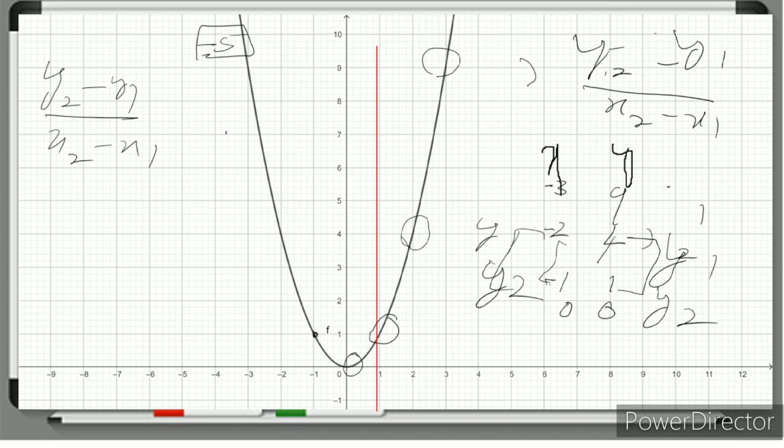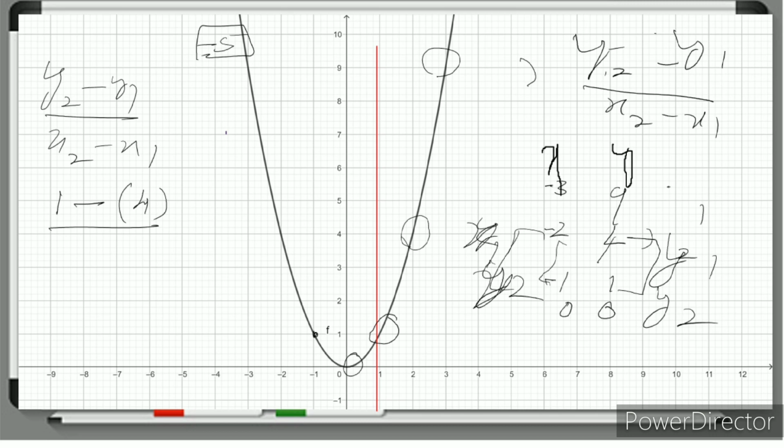Now we will see. What is y2 now? y2 is 1 minus, what is y1, boys? 4, okay, divided by, what is x2? Minus 1. Here it is x1 and x2, boys, sorry, this is x1, this is x2, y1, y2.